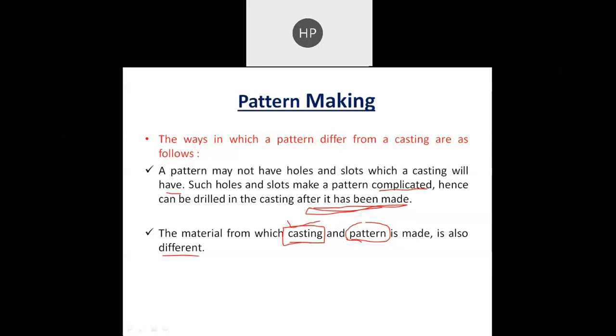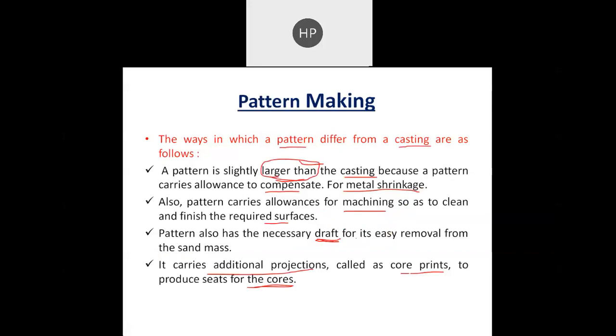So these are some ways in which the pattern is different from the casting. It is a replica or model of the casted product, but still it has certain differences. The first difference is that it is larger than the original size because of metal shrinkage. Then it is again larger because we have to do certain machining operations to clean it.